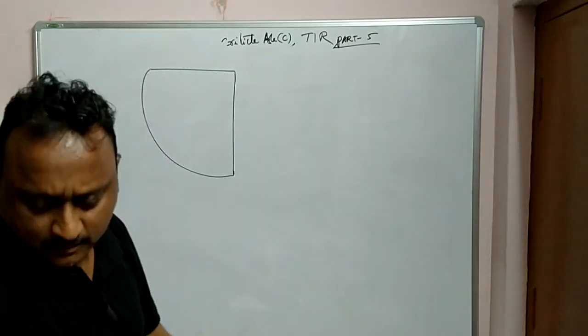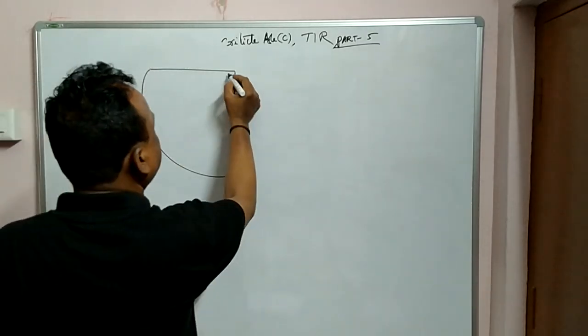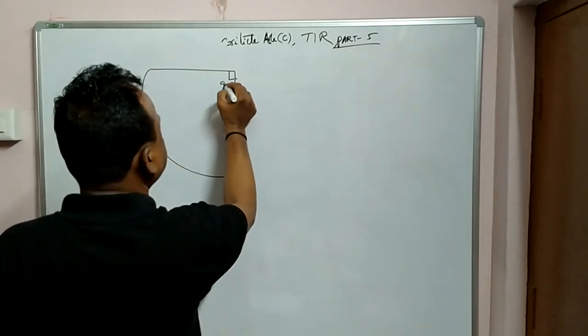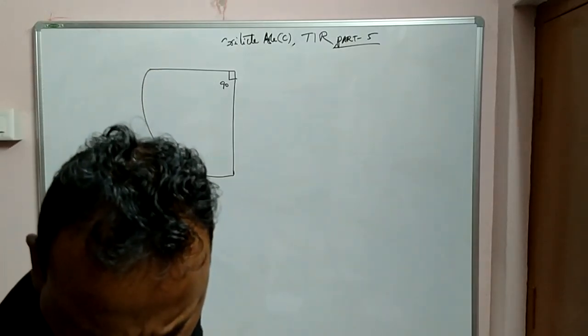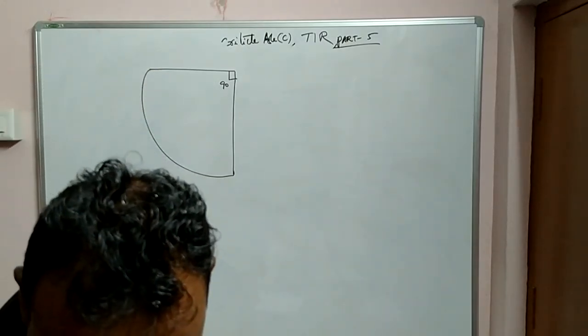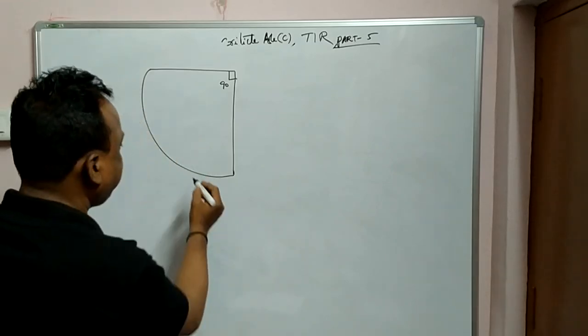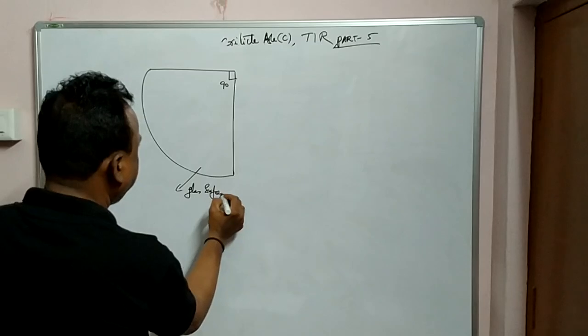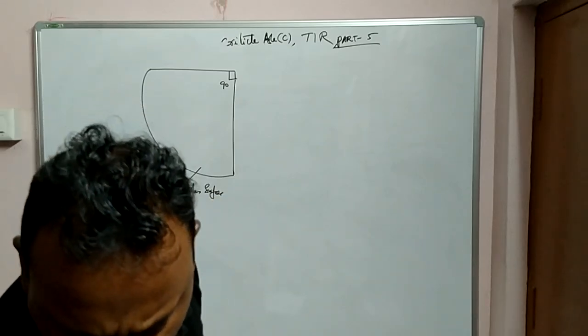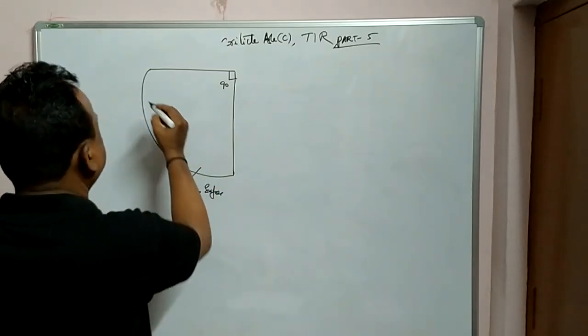For example, I'm giving you a figure where this is 90 degrees. Okay. For example, this is some surface, a glass surface. Now let the angle of incidence be like this.